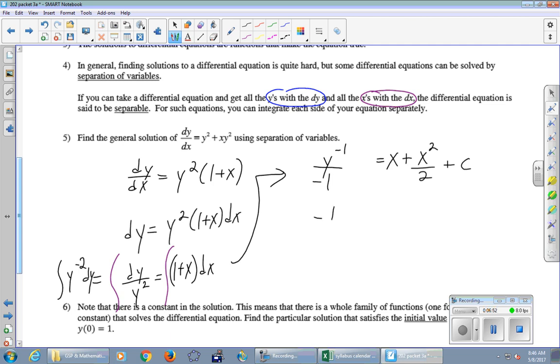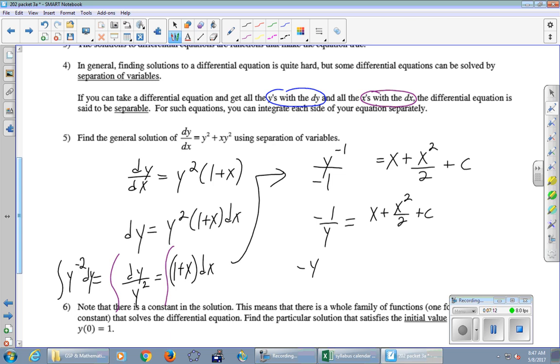This is really negative 1 over y. And then we're trying to get y by itself, so how about we flip over both sides?